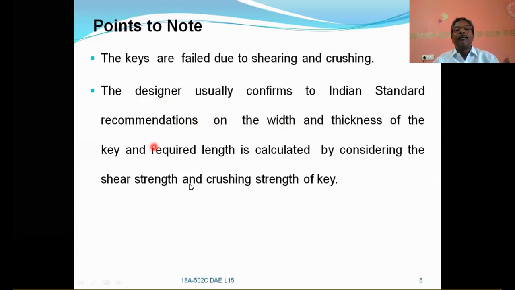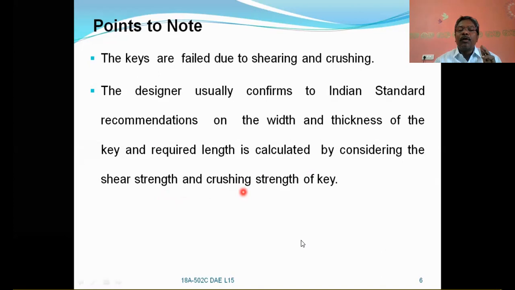It means in the design part, the designer should conform to the standards proposed by the BIS, the Bureau of Indian Standards, in respect of width as well as thickness. And the length required is calculated by considering either the shear strength or the crushing strength of the key.